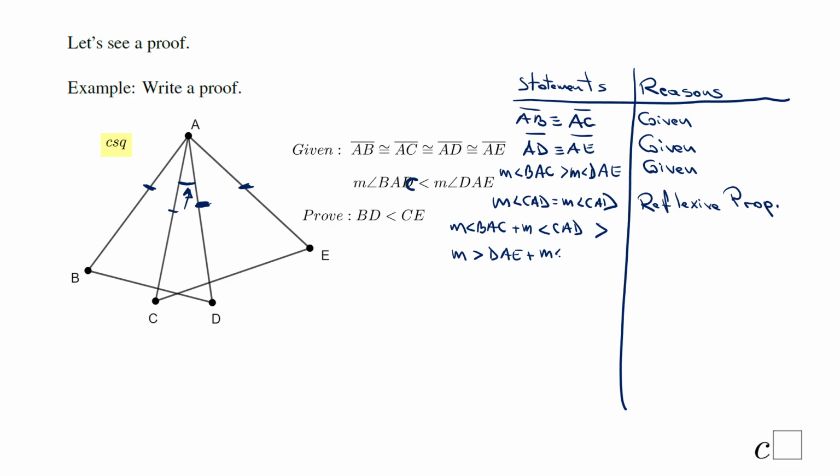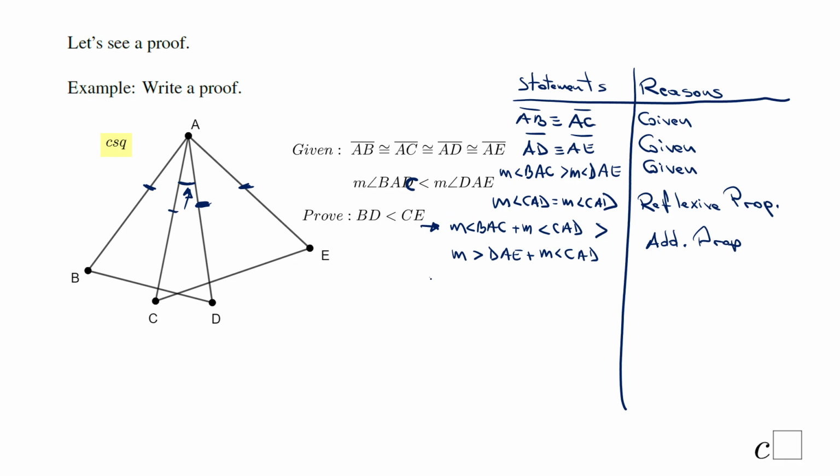So we add the same quantity, right? So that will be the addition property of equality. You add the same quantity. Now let's take a look at each sum of the measures. This one on the left, the first one, what is that? That is going to be the measure of angle BAD.